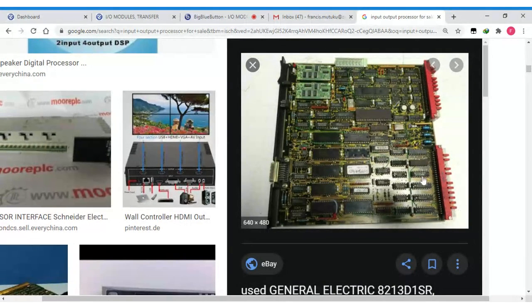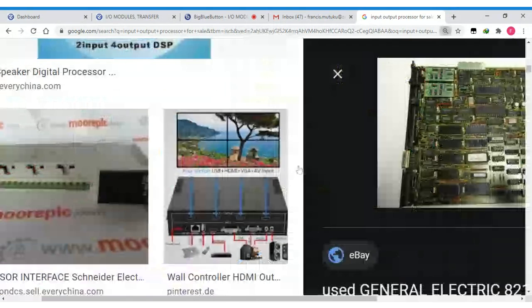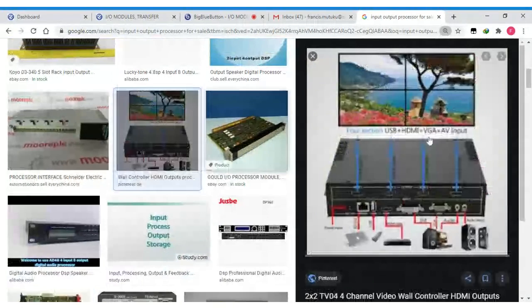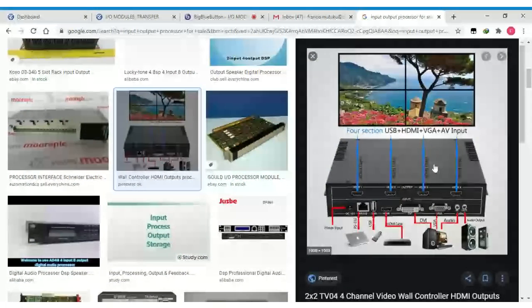All right. As you can see here, there is also a processor to use with a TV. For instance, if you are joining four TVs to work as one TV. I think you've seen this in some hotels, where they join different TVs, especially where people go to watch matches and have a good time with friends.